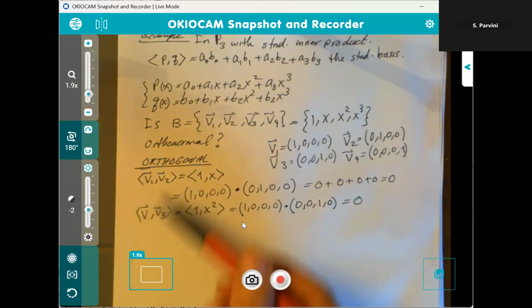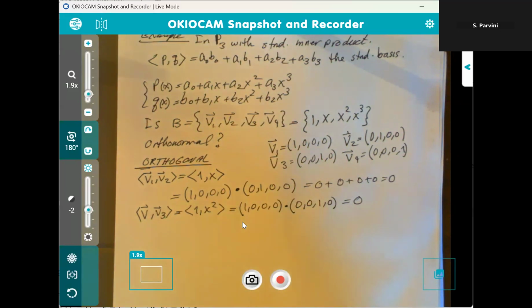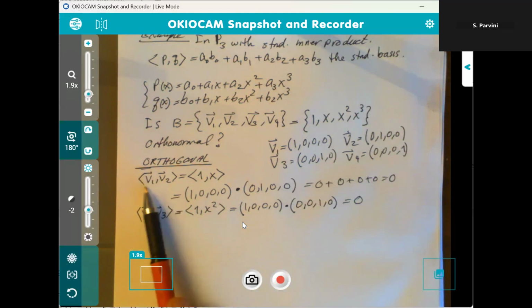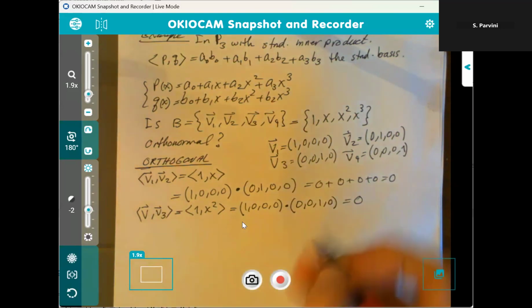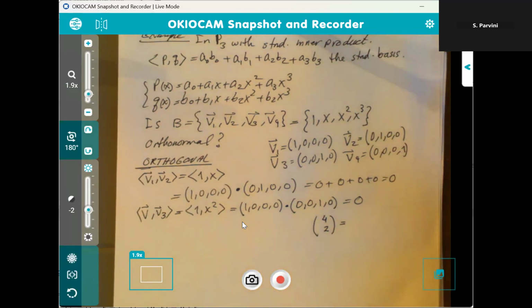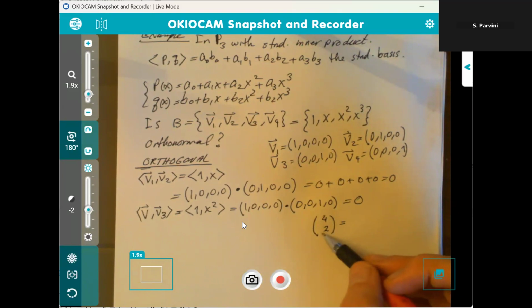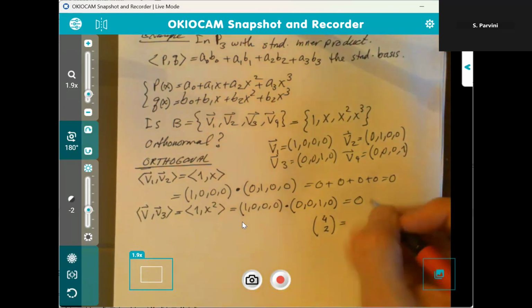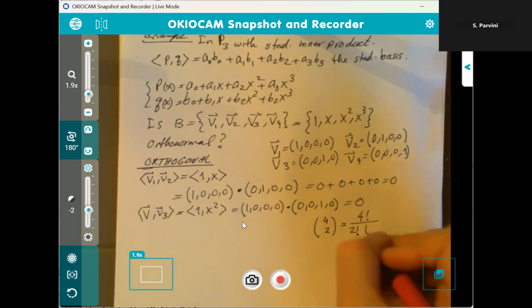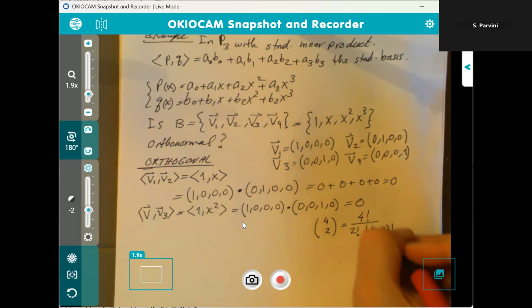Well, how many combinations are there here, by the way? Because we have 4 vectors, we're looking at mutual pairs. It turns out to be a problem in combinatorics. You probably have seen this notation: 4 choose 2 gives you the number of subsets of size 2 from a group of size 4. That's what I'm doing here. That's going to be 4 factorial over 2 factorial times 4 minus 2 factorial.